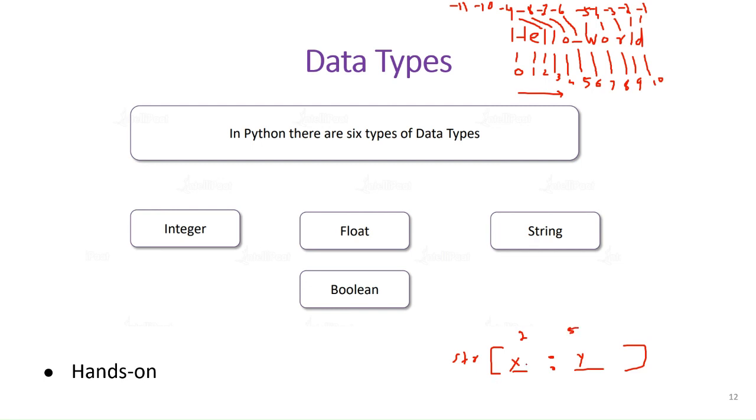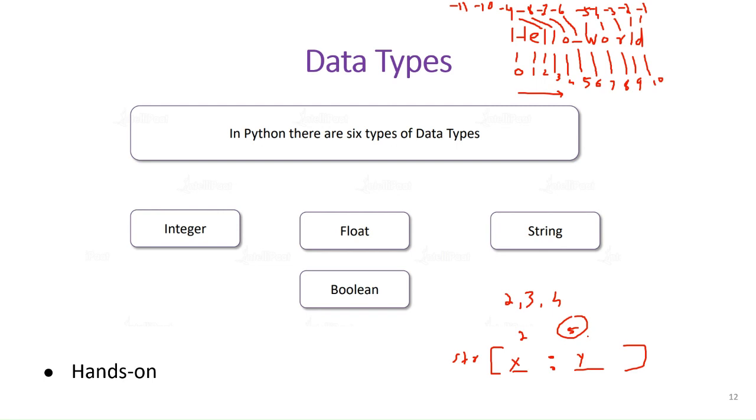Now, if you write like this, it will list all the characters from 2, then 3, then 4, up to 4 only. 5 will not be outputted. The character or the letter at index 5 will not be printed. This is a standard set by the Python developers.